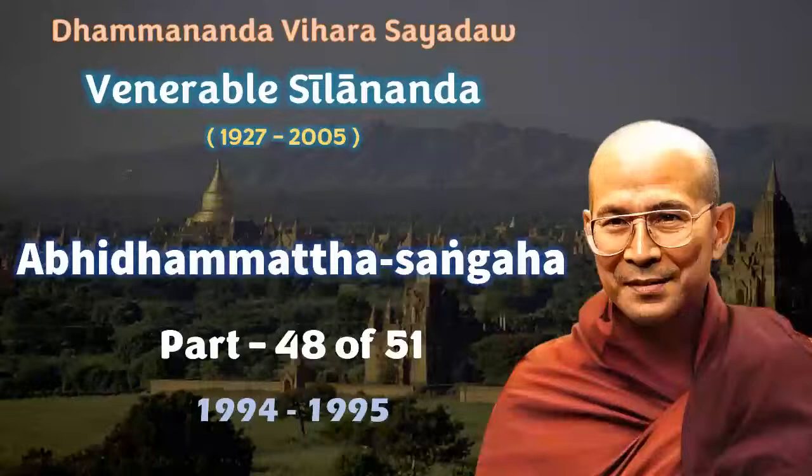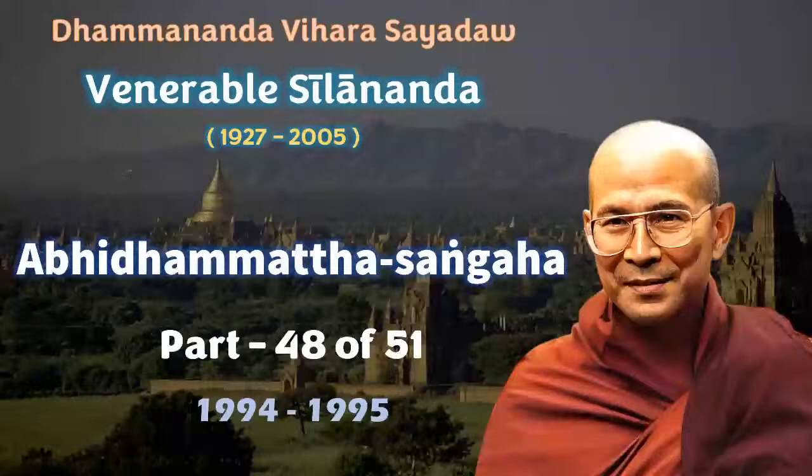Formation of merit means chetana concomitant with 8 kamavajra kusala chetas and 5 rupavajra kusala chetas. Formations of demerit means chetana concomitant with 12 akusala chetas. And formations of imperturbable means chetana concomitant with 4 arupavajra kusala chetas.